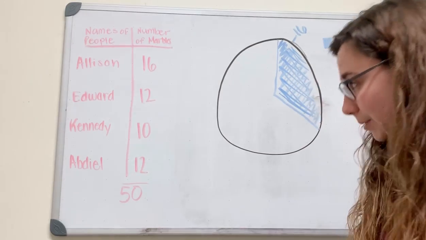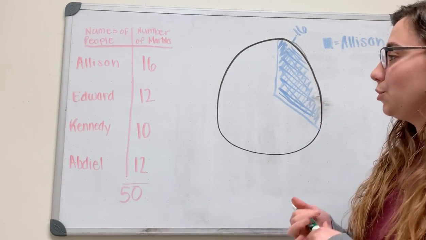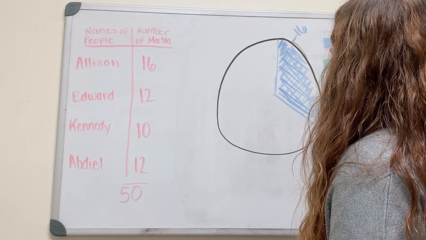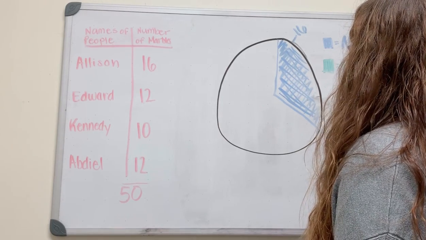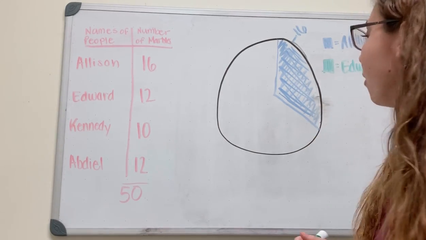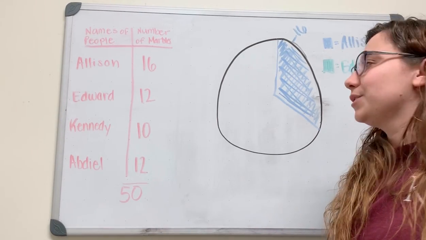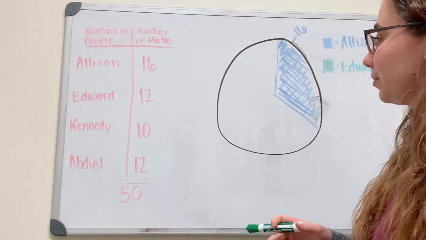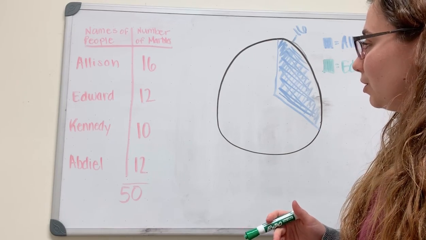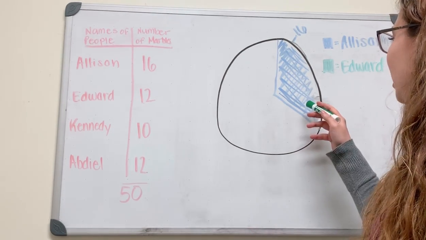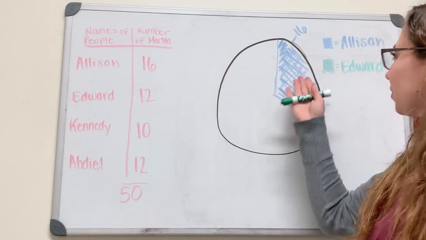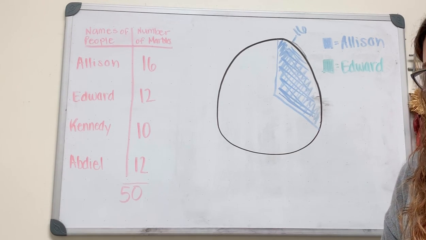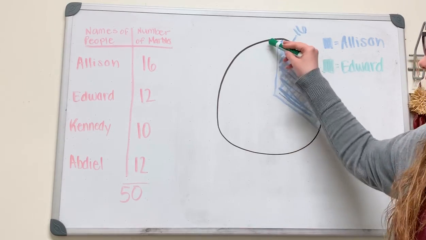Now we'll move on to Edward's 12. We'll use green for that. Now, Edward, he has 12 marbles. 12 is less than 16. So, it won't be as large as this portion is. But remember what I said was half of half.